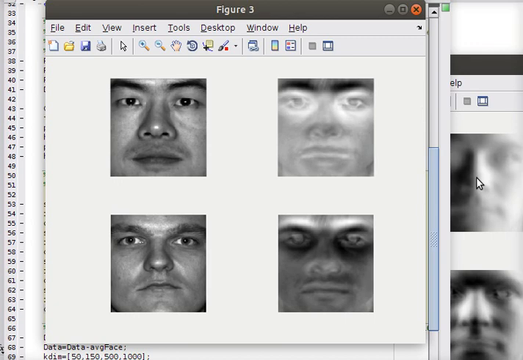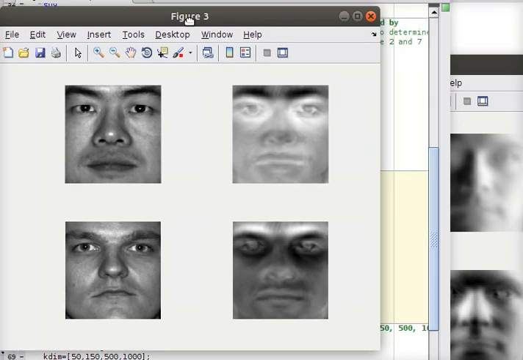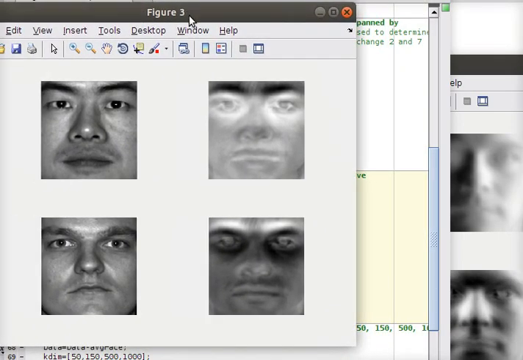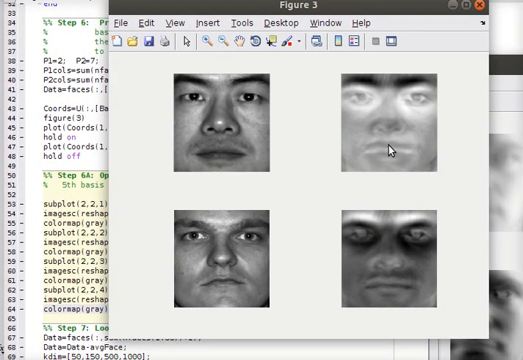Oh, now that's interesting. So what you're seeing here is the positive face and the negative face in number 6. Do you see what's being grabbed here by the two?